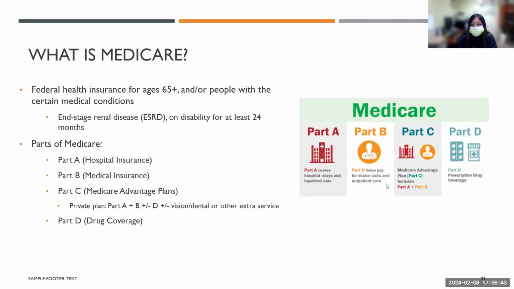These plans also provide additional benefits that are not in Part A or Part B, such as vision, dental, hearing services, or other extra services. So Part C is a unique private plan which incorporates many additional services. And then Part D itself is solely drug coverage, so prescription drug coverage.